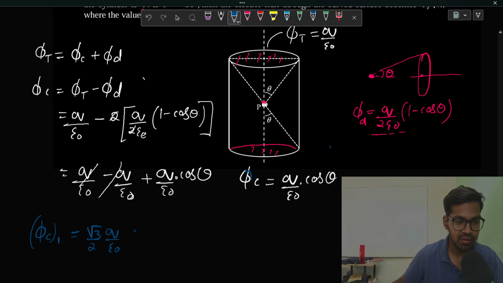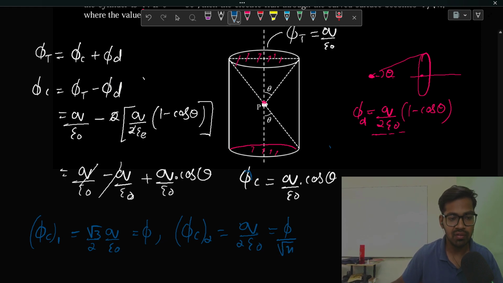In the first case, the flux is simply phi. For the second case, the flux through this curved surface when the angle is 60 degrees becomes q by 2 times epsilon naught, and that is nothing but phi by root n. We need to calculate this n value.